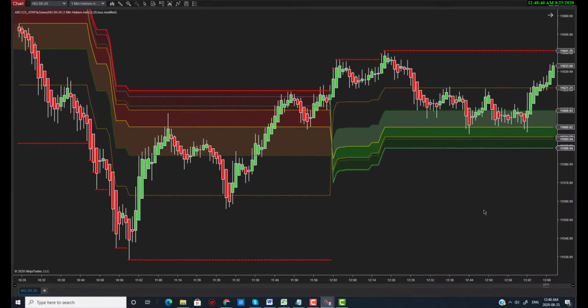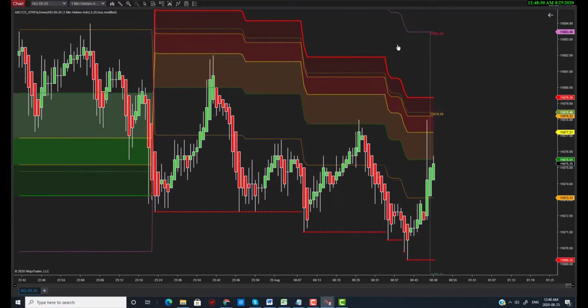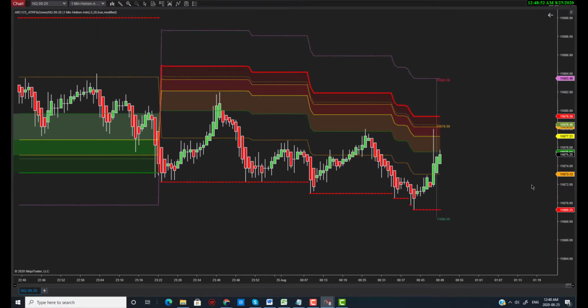Now, what I also added, and it's going to be optional, is risk versus reward. For example, if I entered and got filled on this trade here, I would need to get to this line for a 2-to-1 risk versus reward ratio.